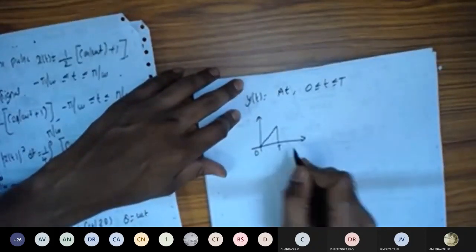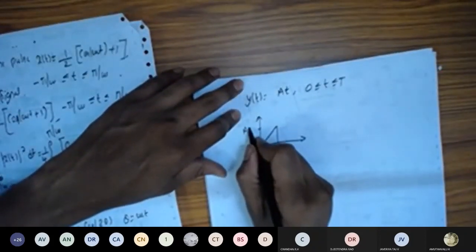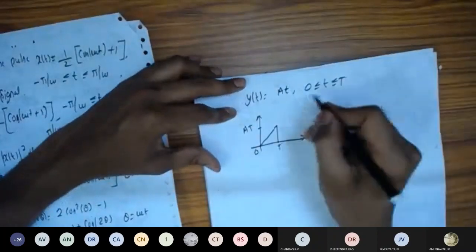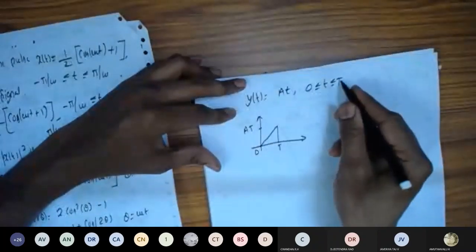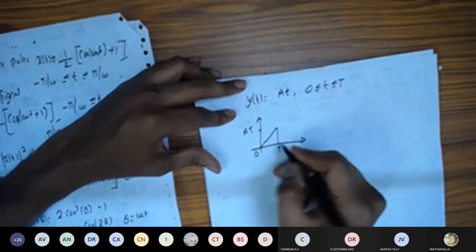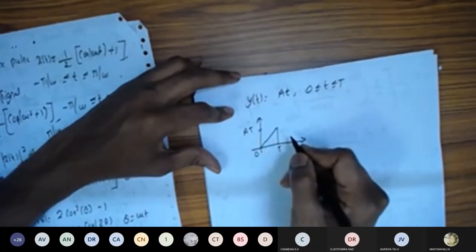When t is 0 it is 0, and when t is capital T it becomes A into capital T. So this is the triangular pulse you get.